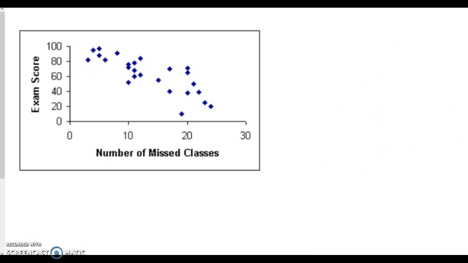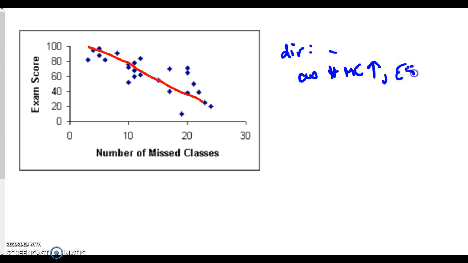Next example, this obviously is pretty linear. As the number of classes a student misses increases, we're looking at their exam score. For this one, I would say the form is pretty linear. The direction is obviously negative. So as number of missed classes increases, exam score tends to decrease.